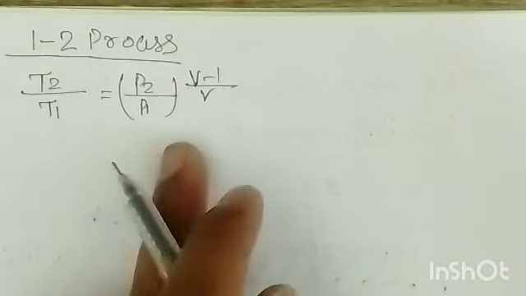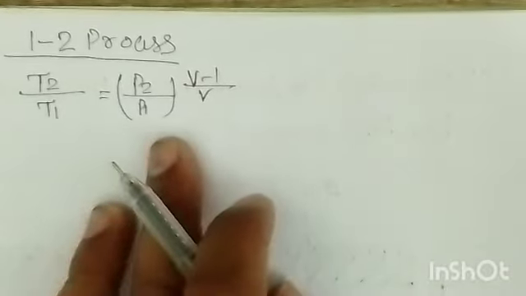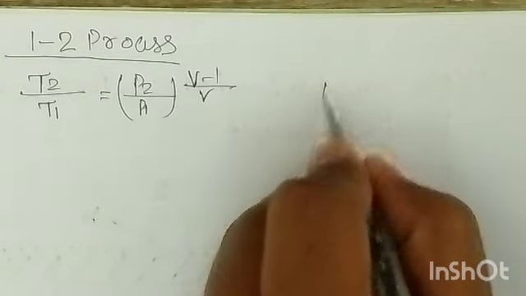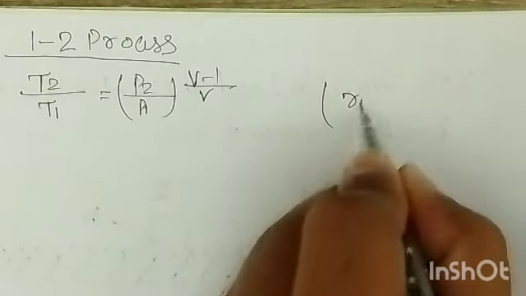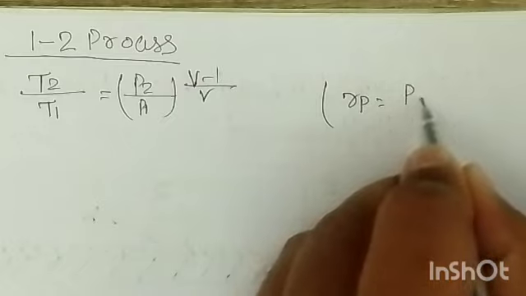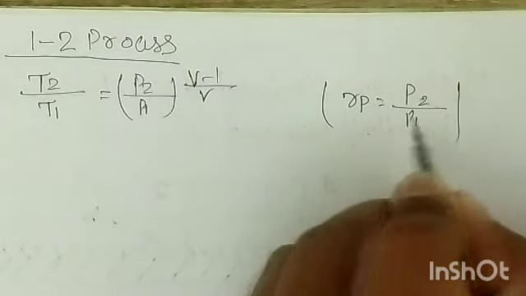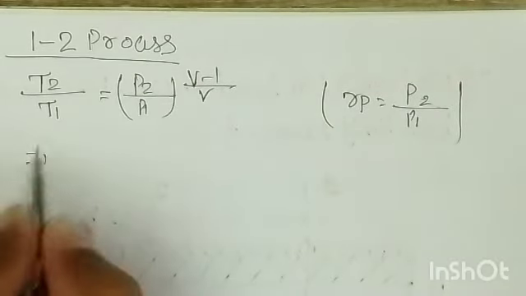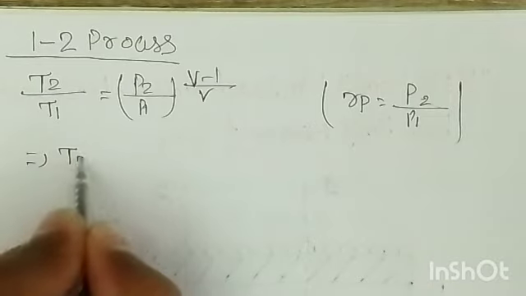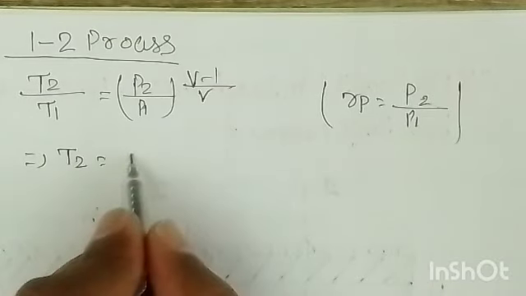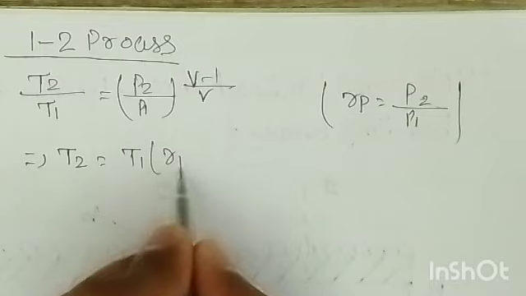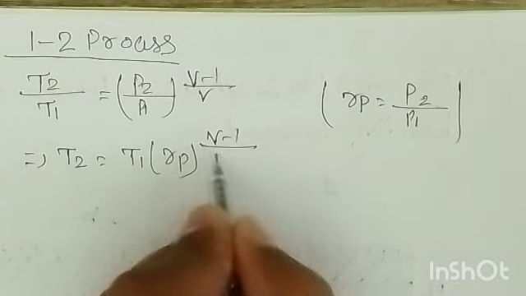This you know from thermodynamics, that temperature pressure relation, right? Here we can say Rp is equal to P2 by P1, which is given, right? So now we need to find out T2. So T2 is equal to what? Directly I am writing T1 times Rp whole power gamma minus 1 by gamma.